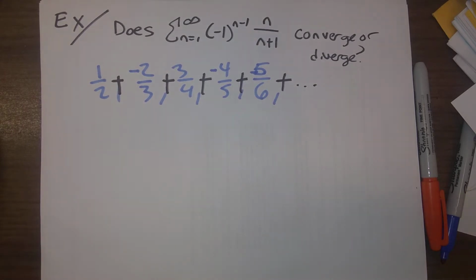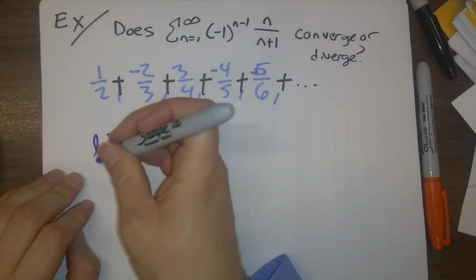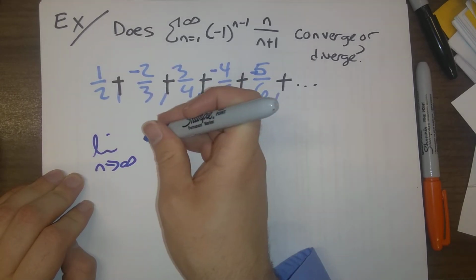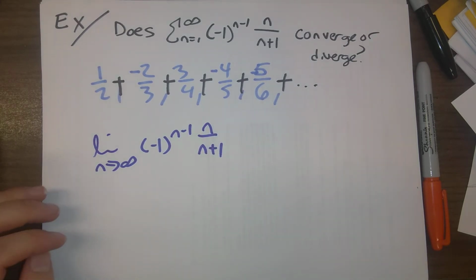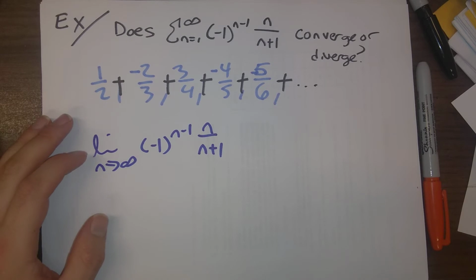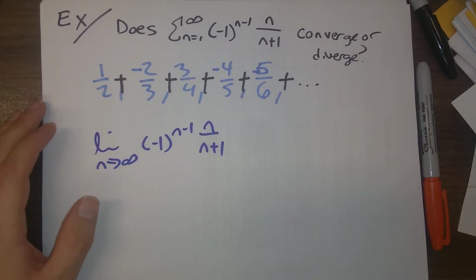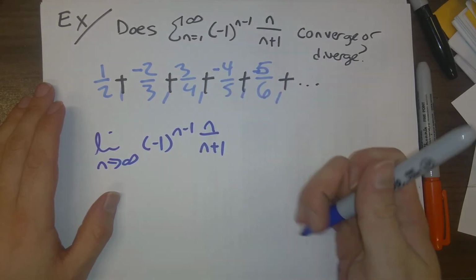Well, this is a little bit more subtle perhaps than the one before. Let's think about the limit as n goes to infinity of (-1)^(n-1) times n over n plus 1. Note that the terms go plus, minus, plus, minus, plus, minus.